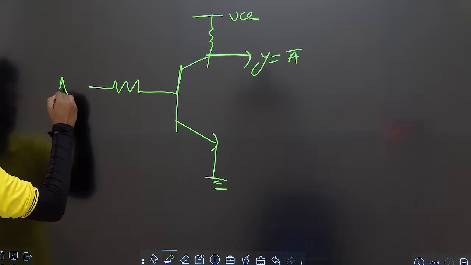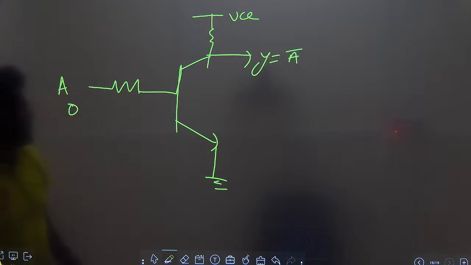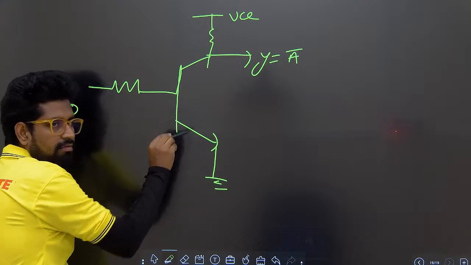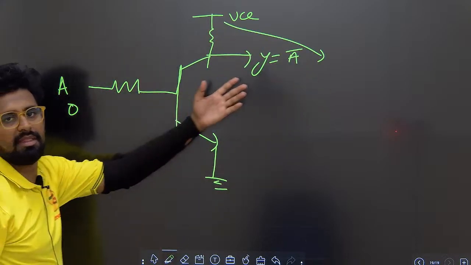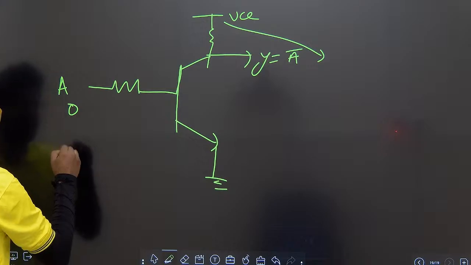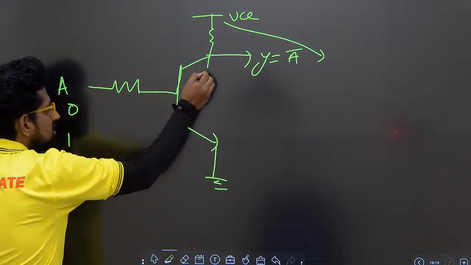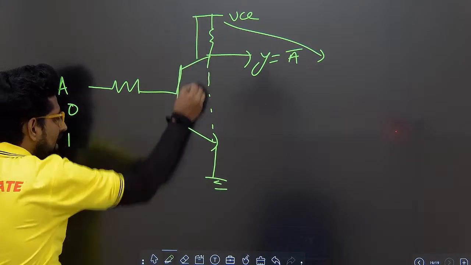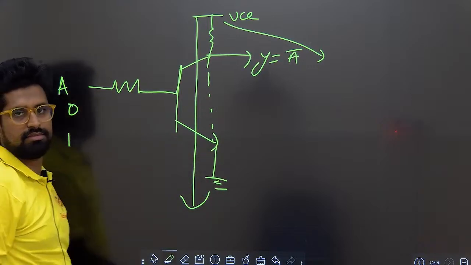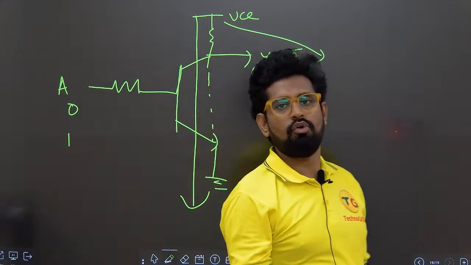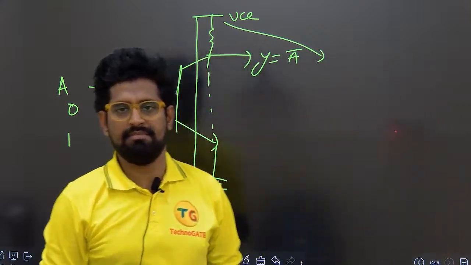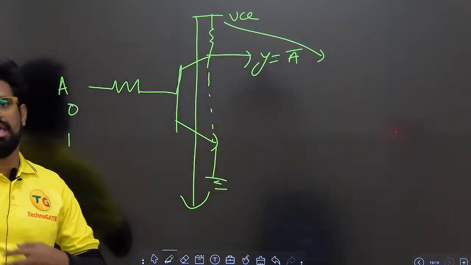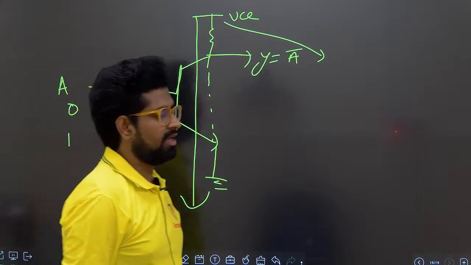If you give the input as 0, the transistor is off, so the output is taken by VCC. If it is 1, the transistor is short circuited, so the output is taken by the ground. So 0 gives 1, 1 gives 0. The inversion takes place here. So this is about the inverter or NOT gate.